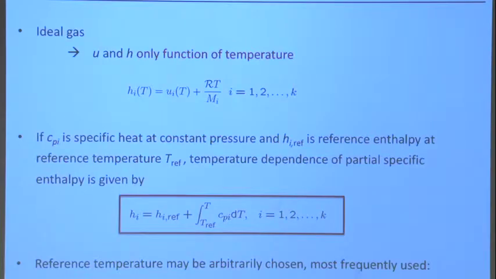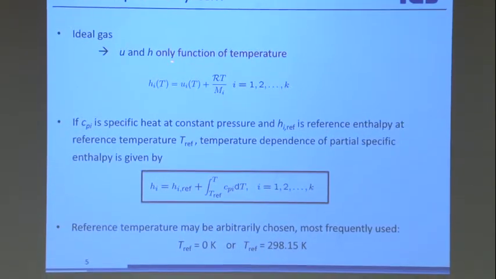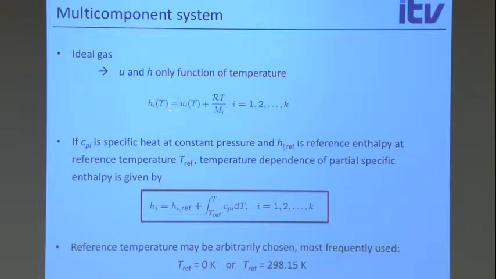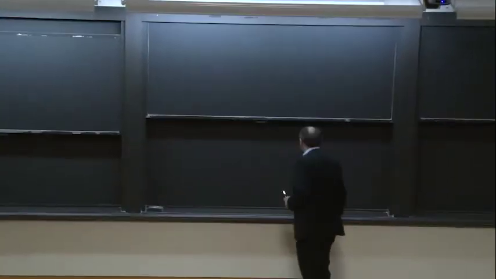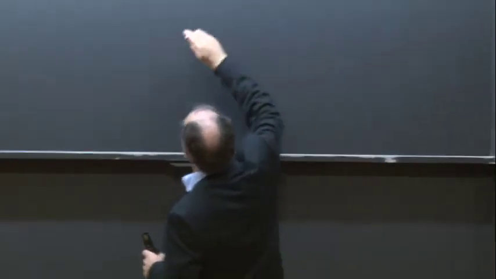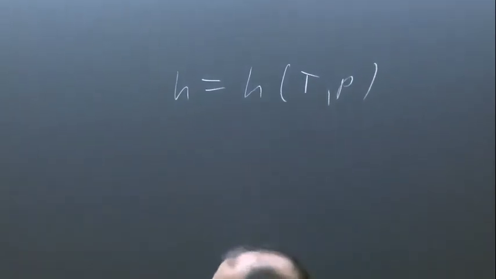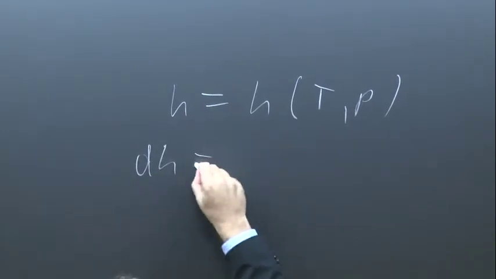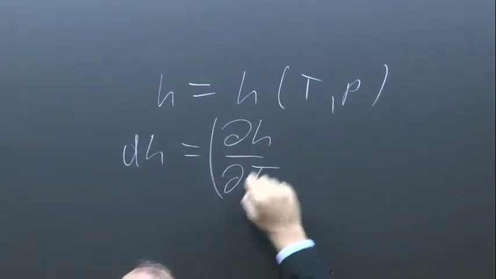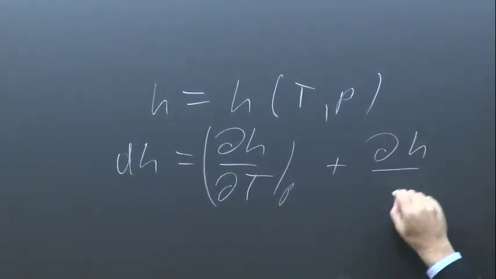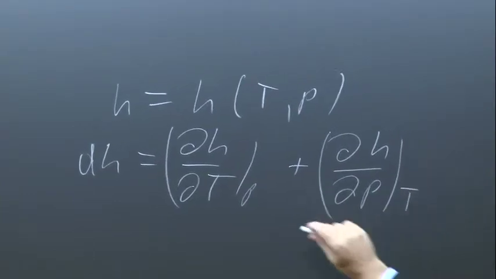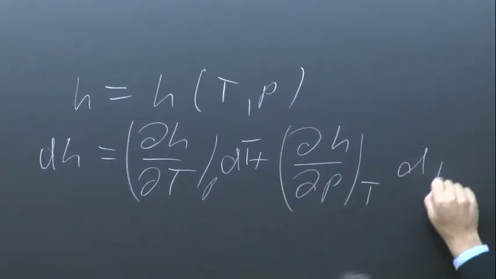This here we just said already. Internal energy and enthalpy are only a function of temperature for a calorically ideal gas, which means if we write the total differential, if we say H is a function of temperature and pressure, that's what we would usually say, then we write the total differential dH is equal to dH/dT at constant pressure dT plus dH/dP at constant temperature dP.